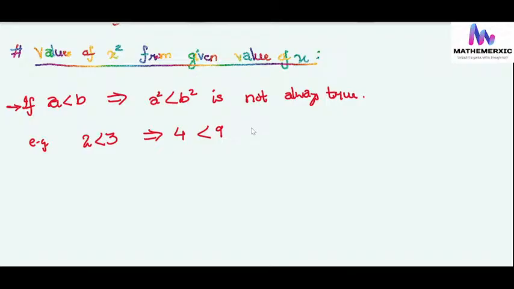Okay. But minus 4 is less than 3. So here what we'll do, we'll just multiply, but still multiplying will result in a sign change.